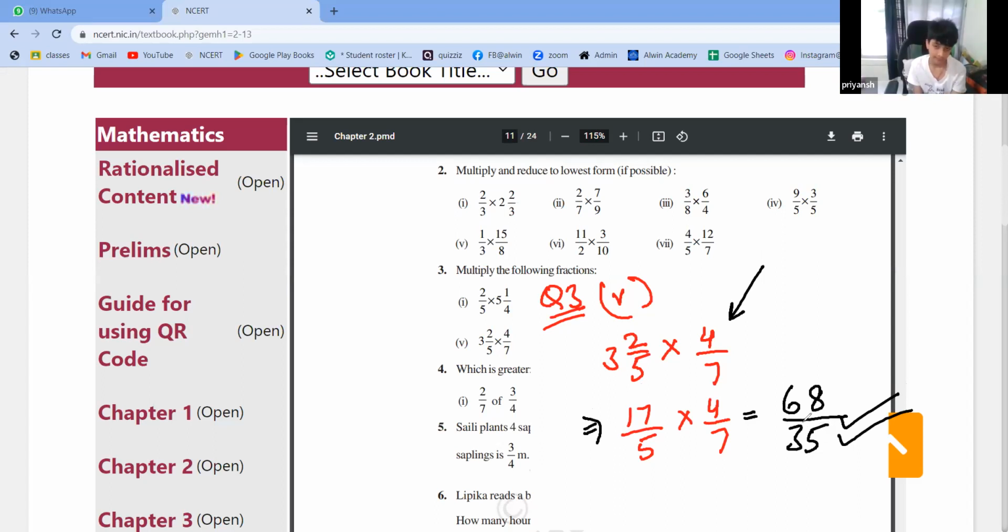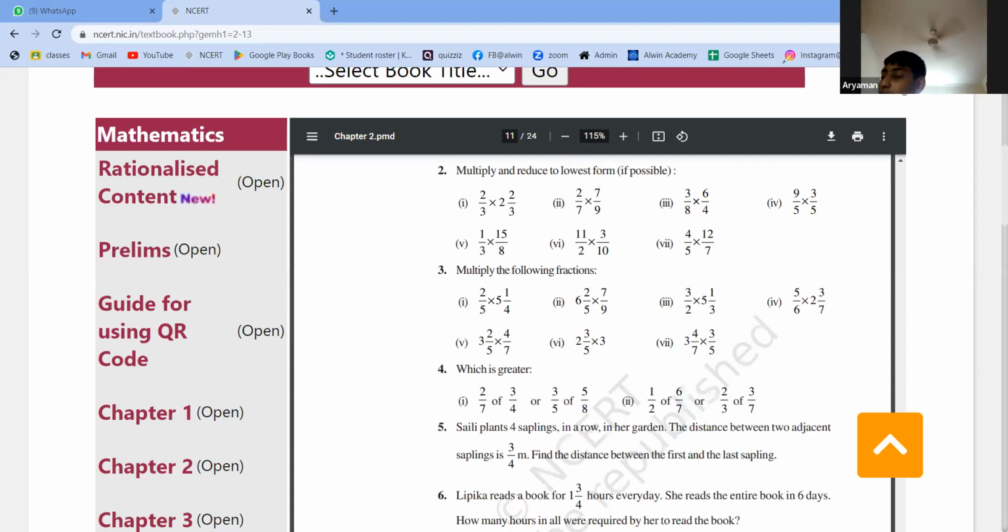So control your energy when you are sitting for a class. Ma'am, I got it correct. Good. Is it 68 by 35 only, Hariman beta? Yes, ma'am. 68 by 35 only. But I didn't simplify it or anything, ma'am. So that's why. But either way, they can't be simplified.